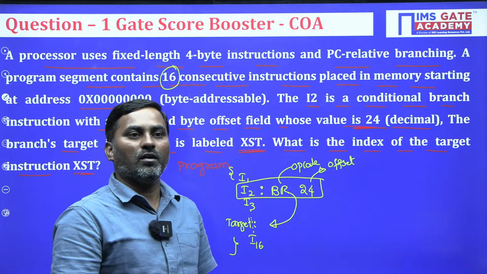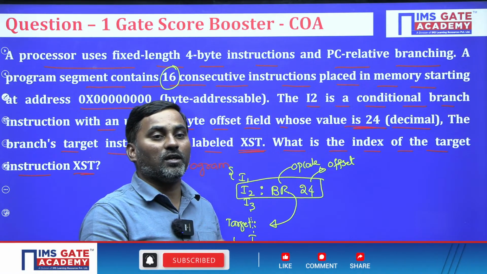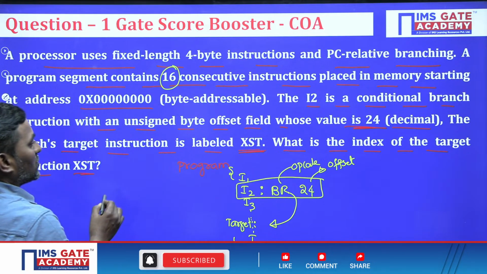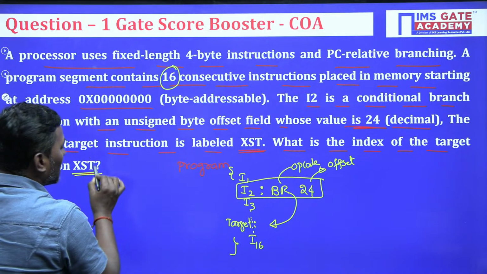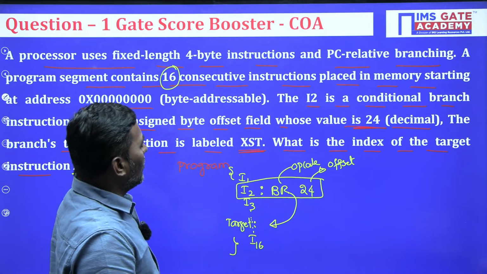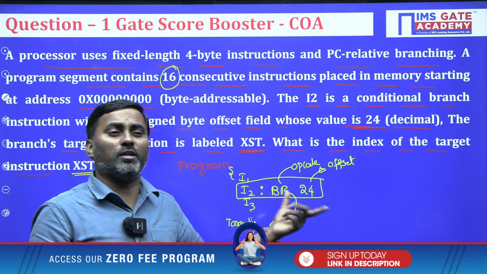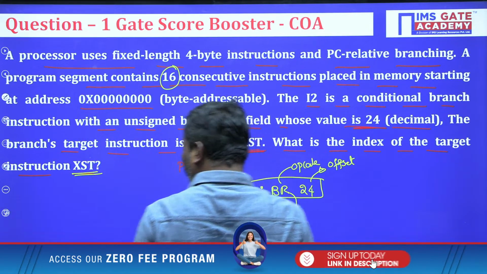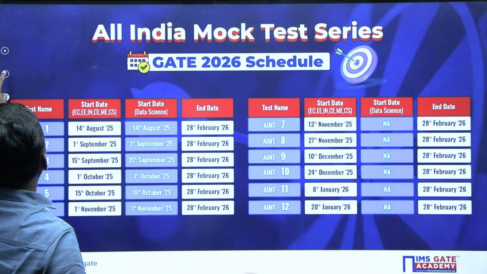The target is somewhere we don't know. He is asking the index value of the target instruction XST. First of all, I should understand the format of this instruction which is stored in memory. Now let me take the scenario.